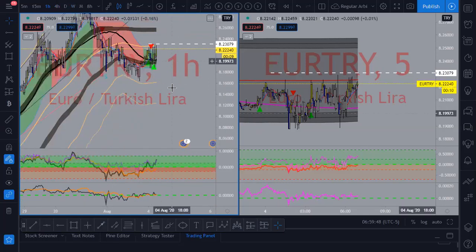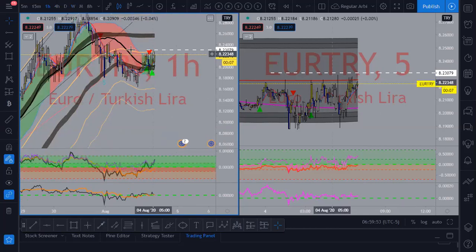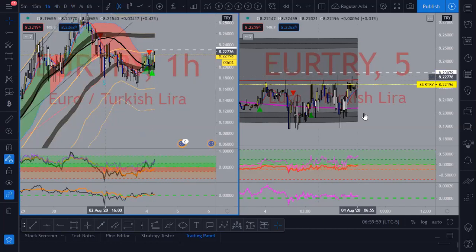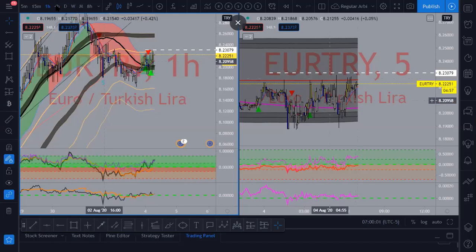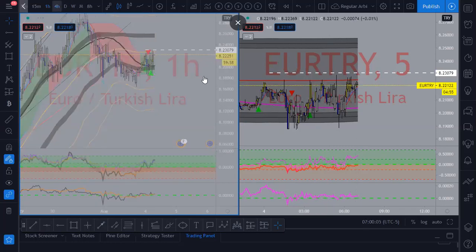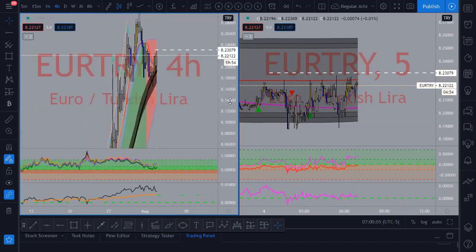So I'd rather, it's rejecting off of this mean line on the 1 hour time frame over here and the 5 minute time frame. So if it can reject here one more time and then drop, again, I like the 4 hour. So there's that.